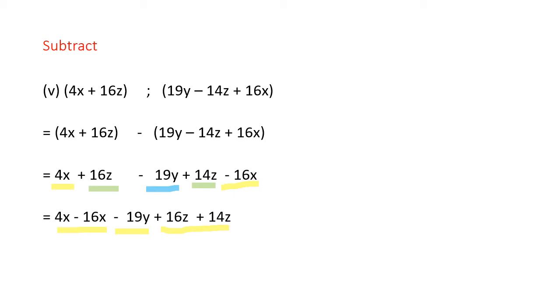So when we are at 4 minus 16, 16 minus 4 is 12, but the sign of the bigger number is minus, so it will become minus 12x, okay, then minus 19y, and 16 plus 14 is going to be 30z.